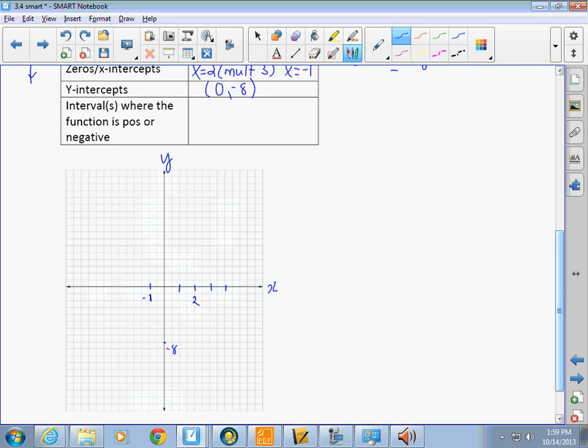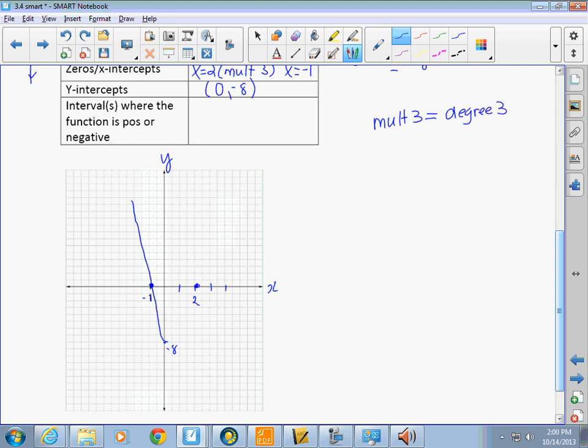So at x is equal to negative 1, it's a multiplicity of 1. So that means at this point here, my graph is going to cross. So I'm going to start here, or wherever, doesn't matter, and it's going to go down to that negative 8, and that's where it's going to cross. At x is equal to 2, it has a multiplicity of 3. So multiplicity of 3 means the same as degree of 3.